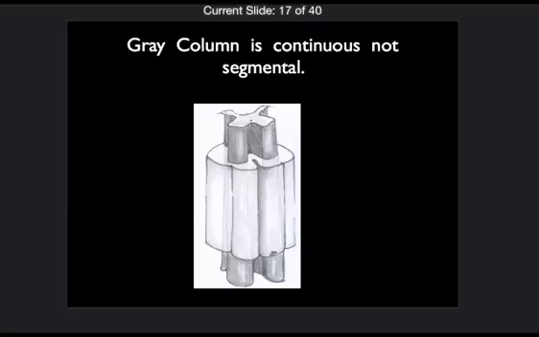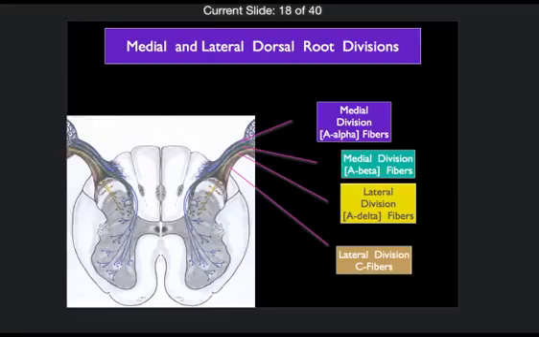But I think it's hard for us to hold that in our mind, that the motor pool and the Rexed laminations in the dorsal horns are one continuous series of nuclear elements. They're not segmental. Now, in some animals, they are segmental, but not in humans.